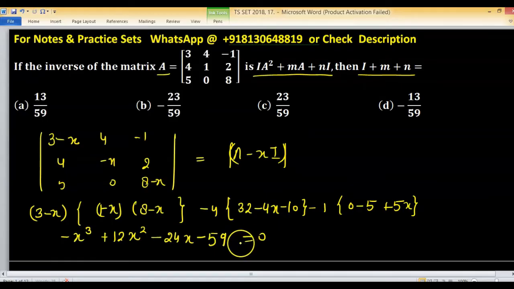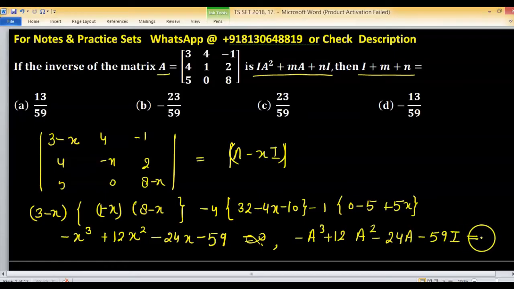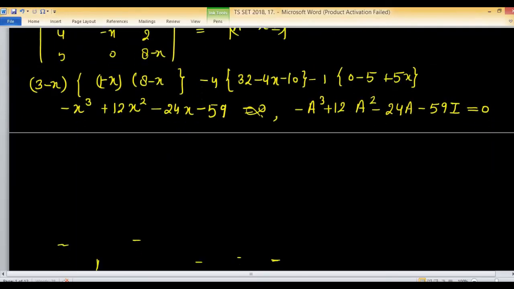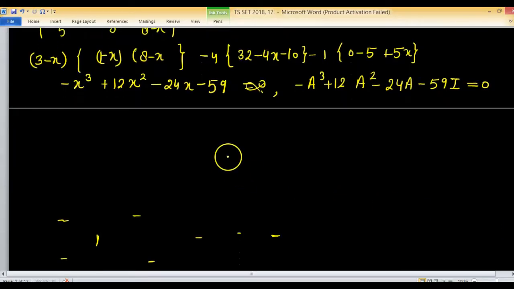Every matrix satisfies its characteristic equation. So minus A cube plus 12A square minus 24A minus 59I, where I is the identity matrix, equals 0 because the matrix satisfies its characteristic equation.